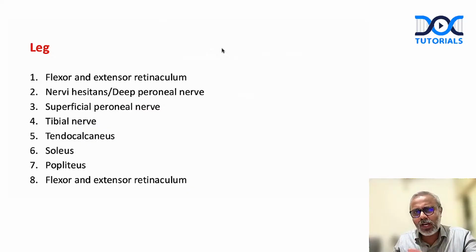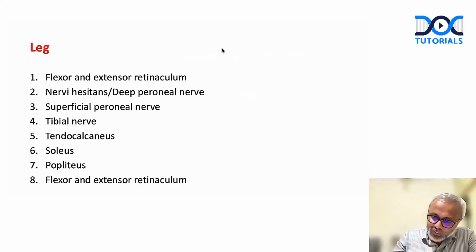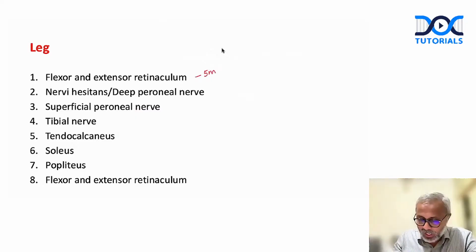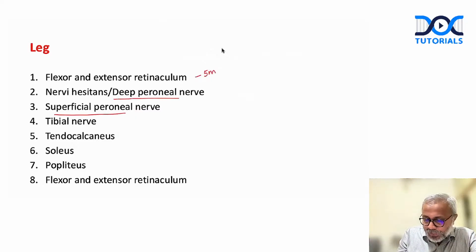Then in the leg, again, lower limb is very frequently a practical examiner's favorite topic for practicals. But if theory questions come from the chapter of leg, a 5 marker question on flexor and extensor retinaculum. Then the nerves, deep peroneal nerve, superficial peroneal nerve. These are often asked as 5 marker questions.